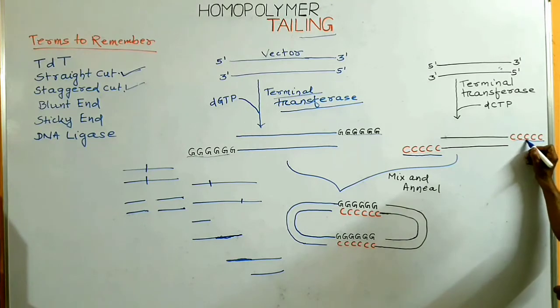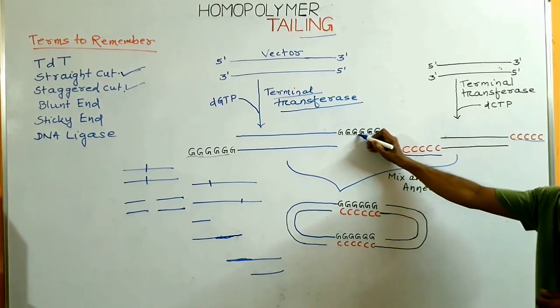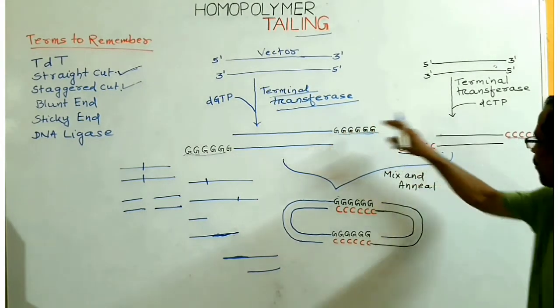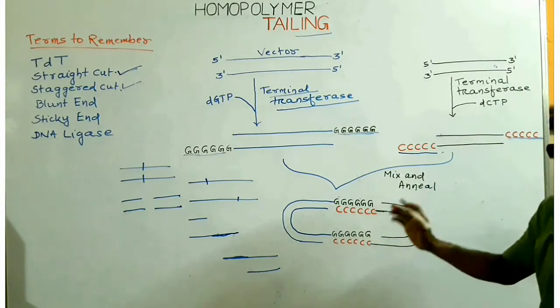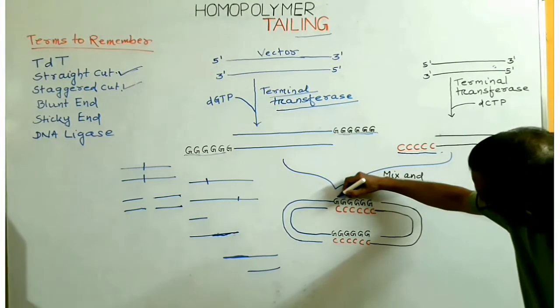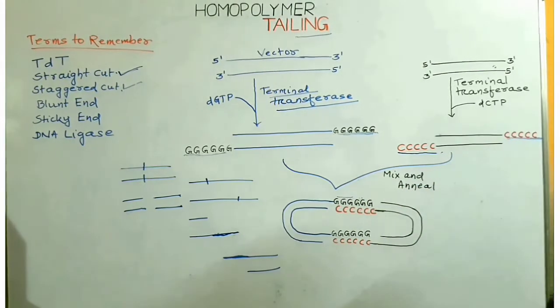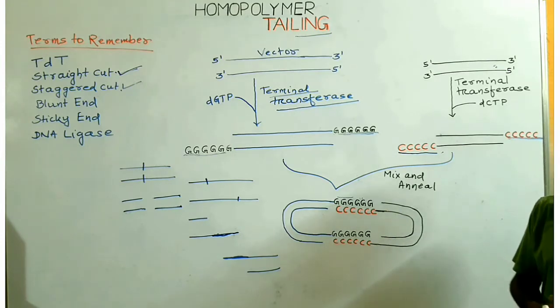And this homopolymer tail is complementary to that homopolymer tail. When we mix the vector DNA with the insert DNA, annealing occurs very easily because this homopolymer tail is complementary to that one, because guanine is complementary to cytosine.